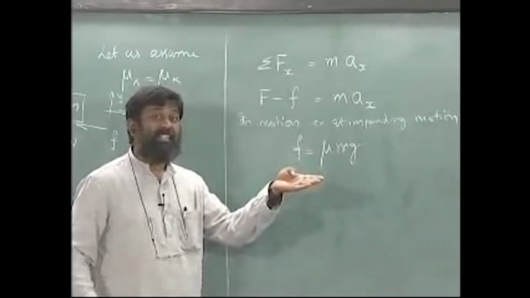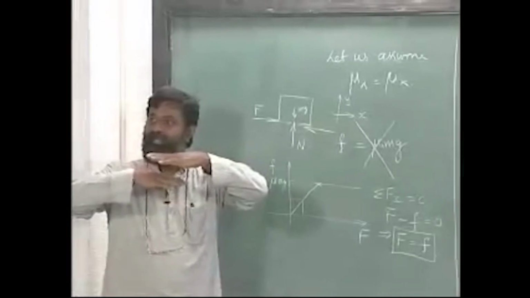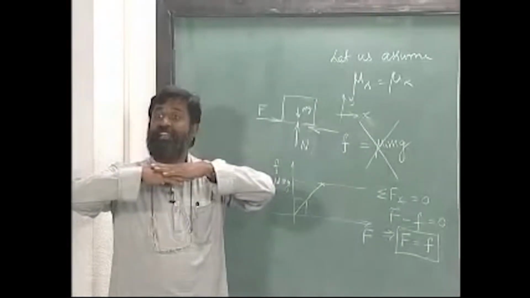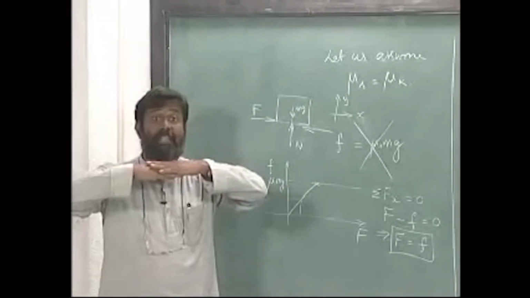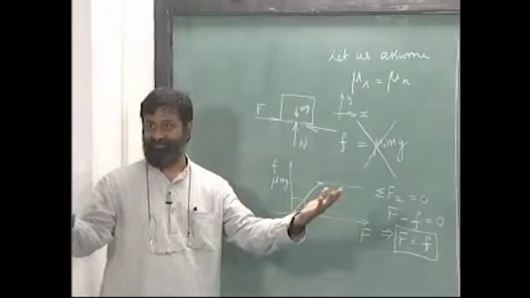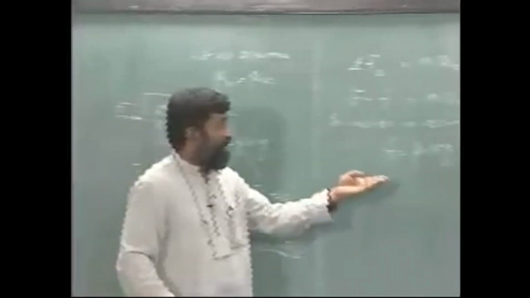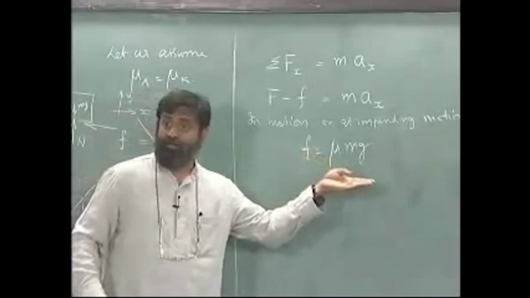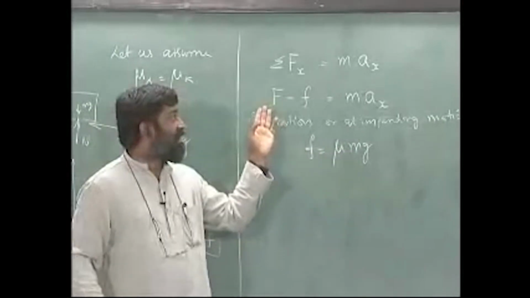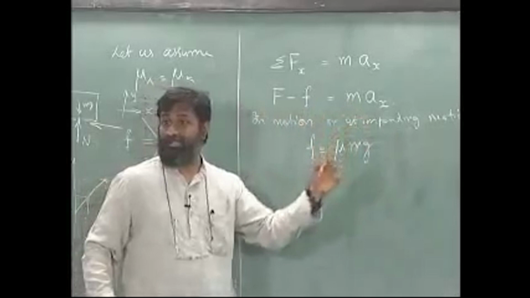What is this? This is the property of the surface, the two surfaces that interact with each other. This has nothing to do with equilibrium, unless I am told F equals mu mg, it is indeterminate, right.